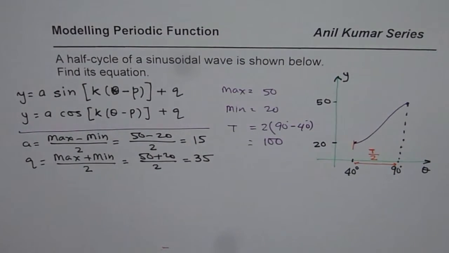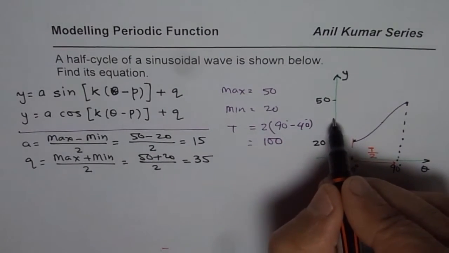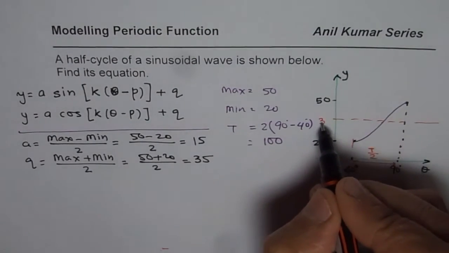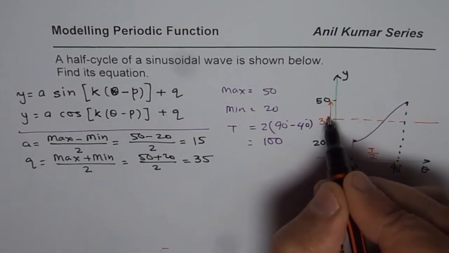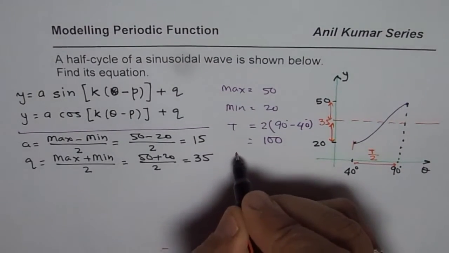As soon as you get this answer, sketch the line at 35, which should be somewhere here, right? So let's say this is my axis and it looks okay. If this is 35, plus 15 gives me 50, minus 15 gives me 20. So it is a good checkpoint.